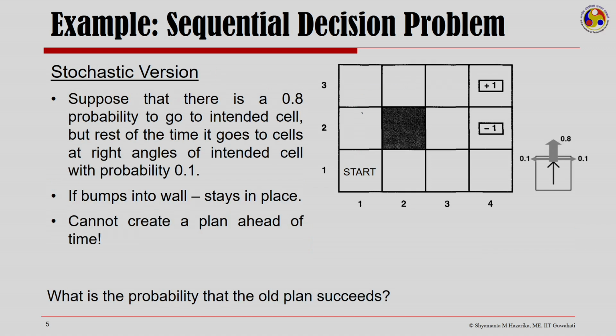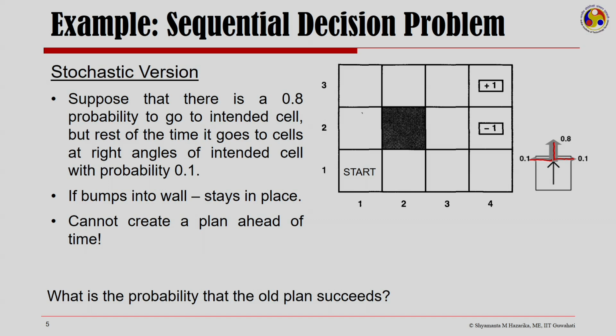Now, if I am looking at a stochastic version of the same problem, let us assume that I can go forward with a probability of 0.8, and the rest of the time it goes either to the cell on its right or to its left with a probability of 0.1 each.